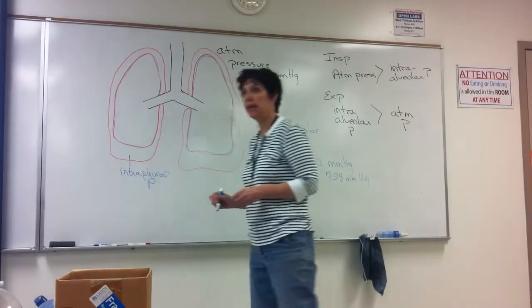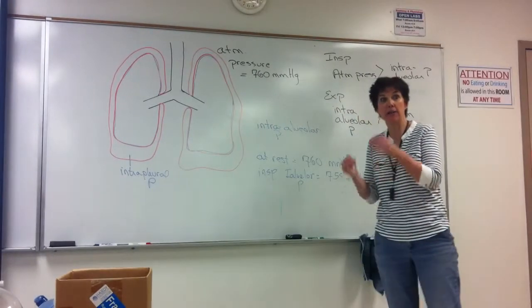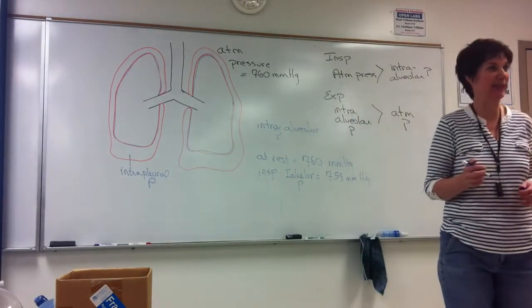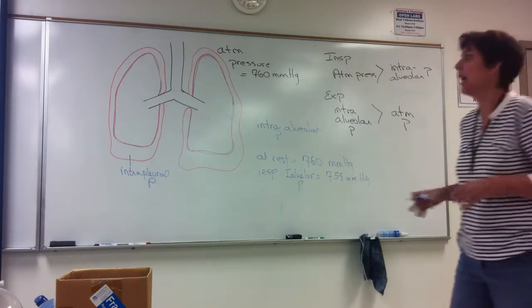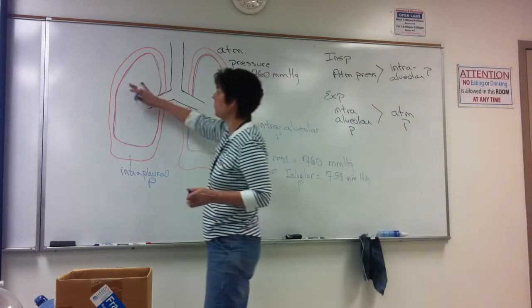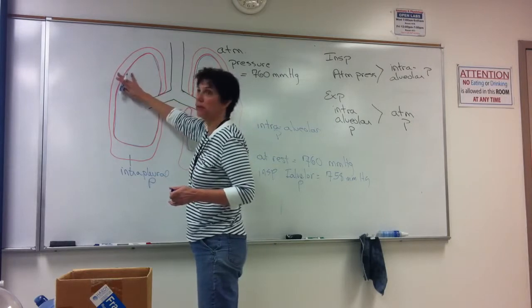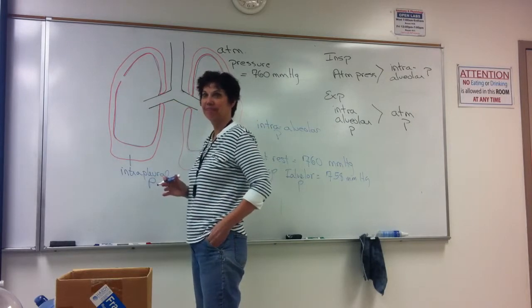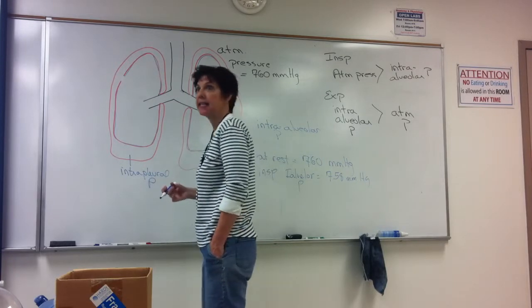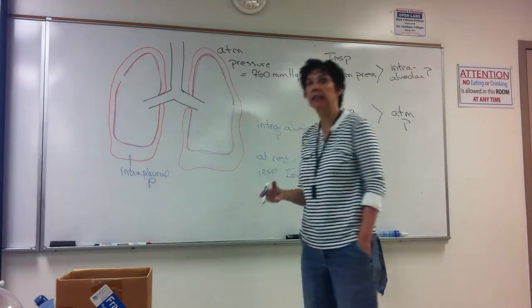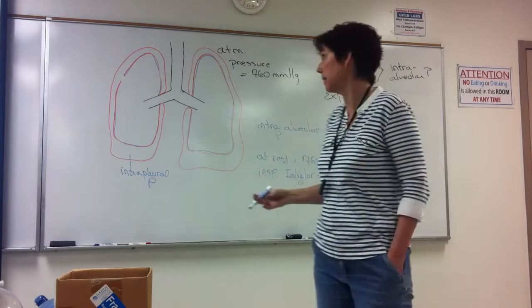Now, what happens if we allow air to get into that pleural space? This can happen a couple of different ways. Okay? There can be a spontaneous rupture of the visceral pleura. Or that spontaneous rupture can be increased by disease, by smoking, by emphysema, or even by asthma.